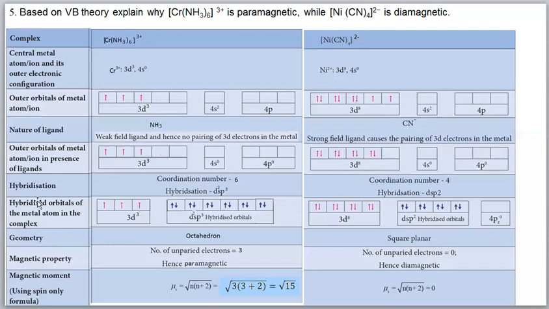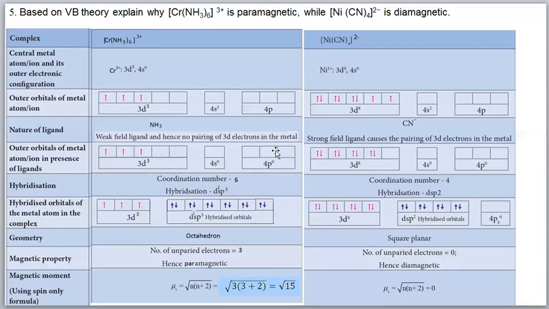Okay. Then hybridization. Before that, the coordination number. You see here, NH3 is a monodentate ligand. 6 ligands are there. So coordination number is 6. Okay. Coordination number 6. Here, the coordination number you see, 4 only. So coordination number is 4. Then here, coordination number 6, so from this we need 6 orbitals. 1, 2, 3, 4, 5, 6.